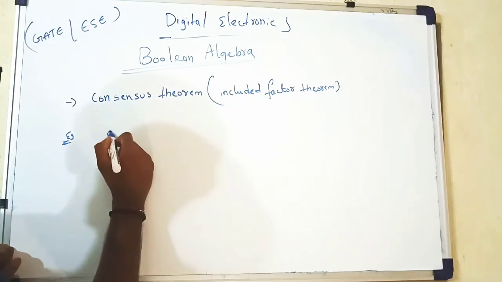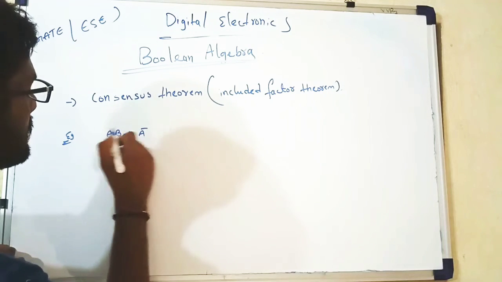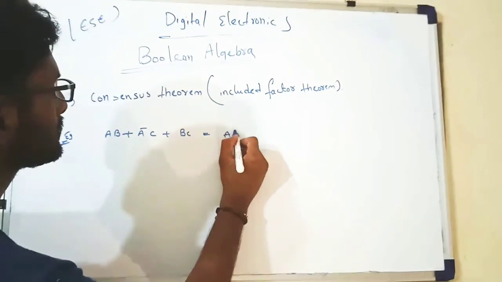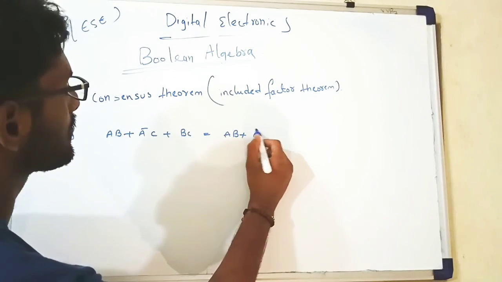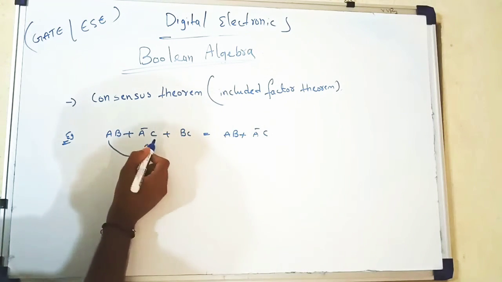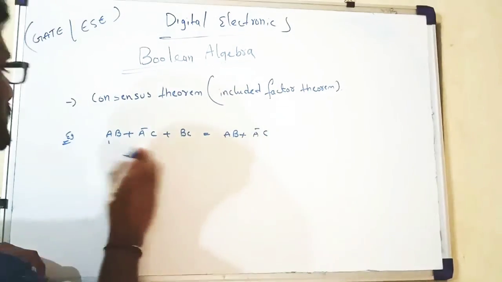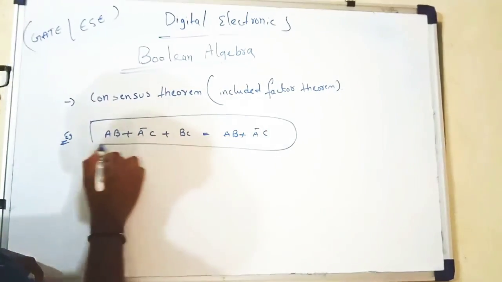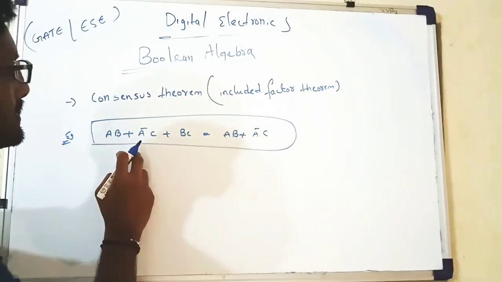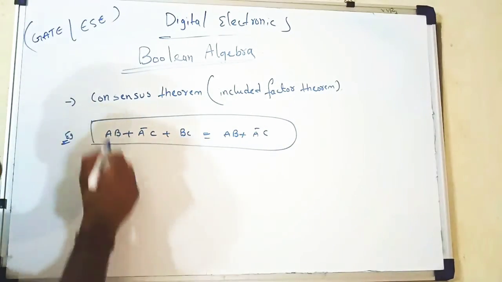AB + A bar C + BC is equal to AB + A bar C. Here A and A complement have the two terms B and C. Here there is a product BC, so we are getting these two terms. Now we will see the proof for this. Also, why we are calling this the included factor theorem: here this term is included in the others. In the realization we are removing this, so this is called the included factor theorem.